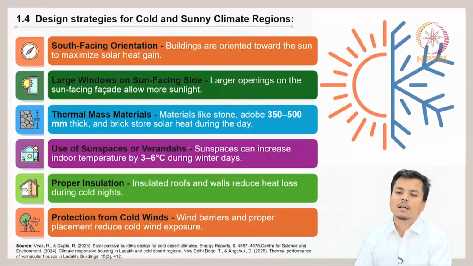Next, proper insulation of roof and wall is added. They either use storm walls, which are very thick earth walls built to minimize the dissipation of heat from interior to exterior spaces. Then protection from cold winds by strategically planting vegetation in and around the site.